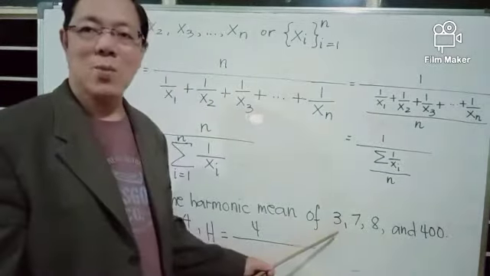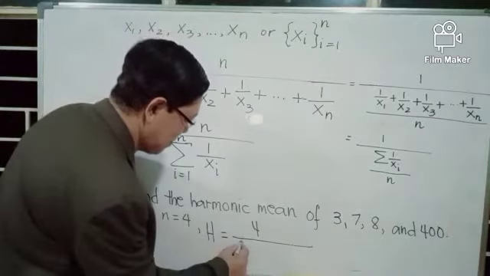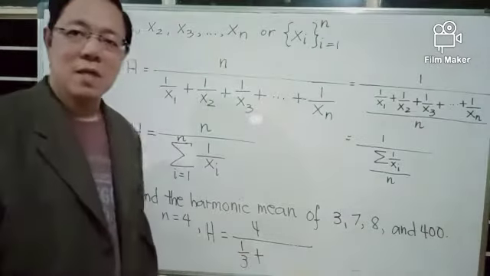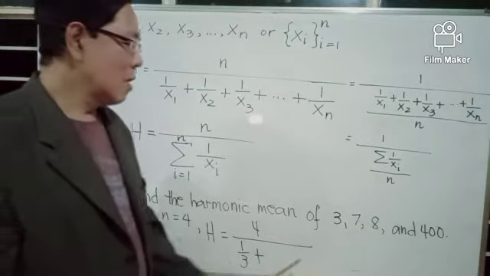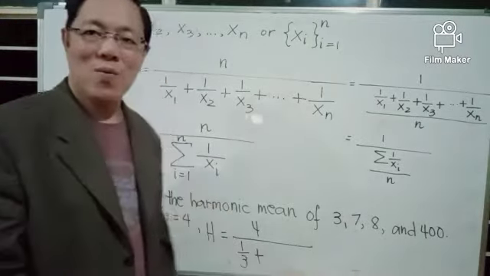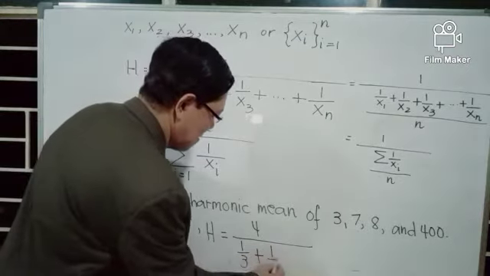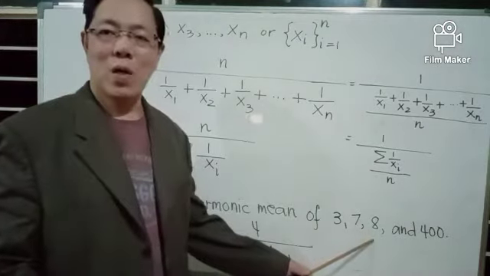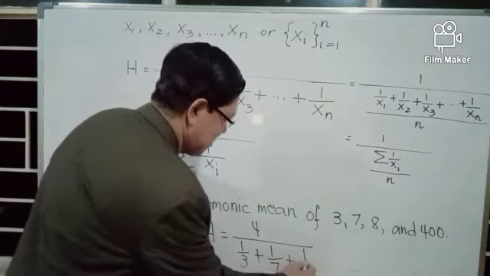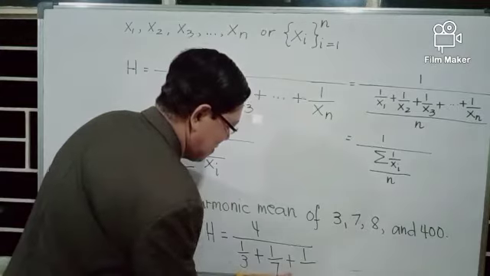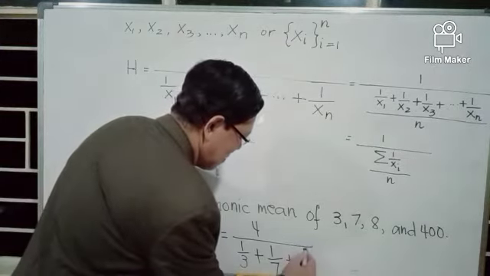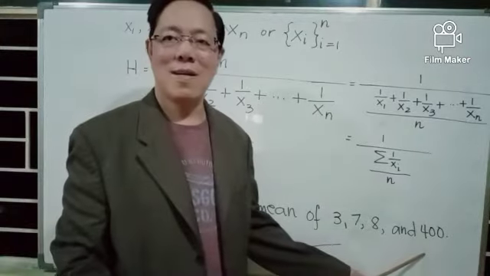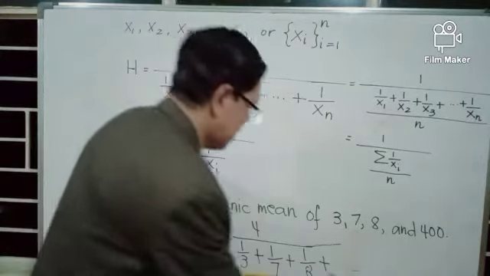Reciprocal of 3 is 1 over 3, plus, sum is indicated by the operation addition, reciprocal of 7 is 1 over 7, plus the reciprocal of 8 is 1 over 8, plus the reciprocal of 400 is 1 over 400.